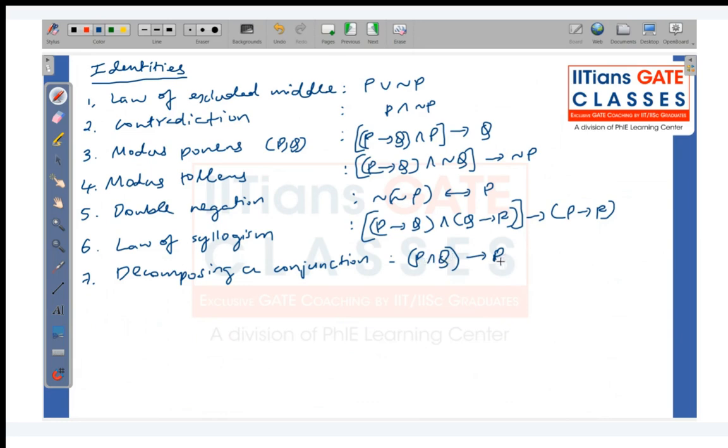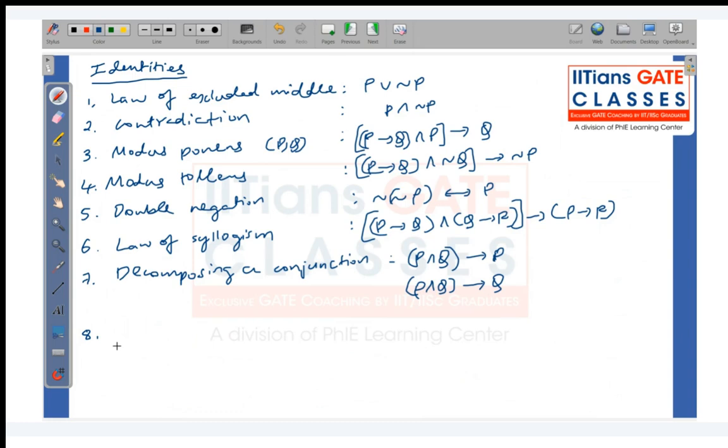So hence P. And the same statement I can say about Q also. Both of them are true, hence Q is also true. So this conjunction I am essentially splitting up. I am decomposing it.